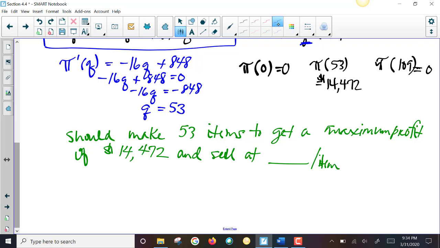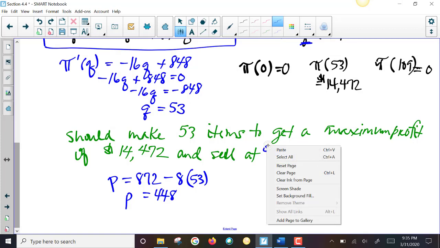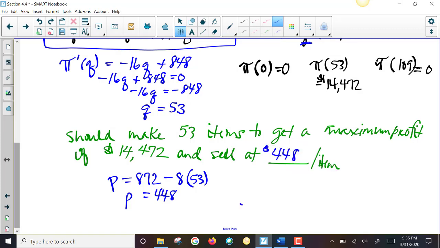All right, so we know that the selling price is $872 minus 8 times Q, or 8 times 53, which comes out with a selling price of $448. Okay, so we should sell each item at $448. There you have it.